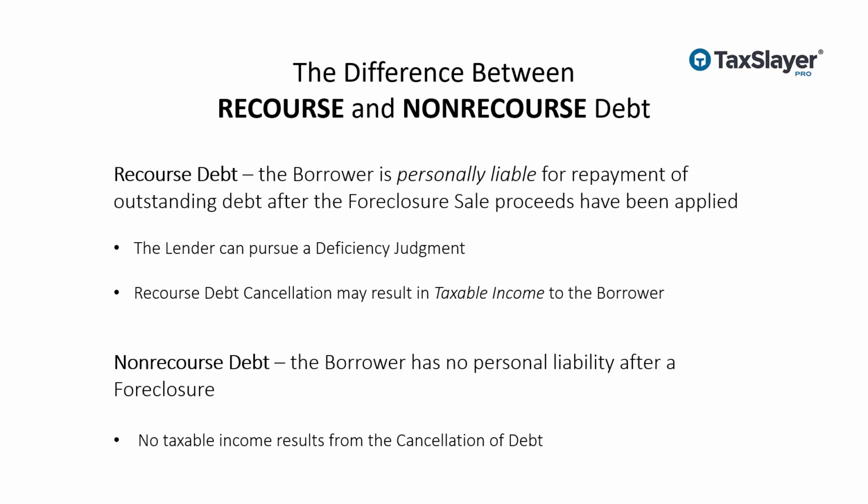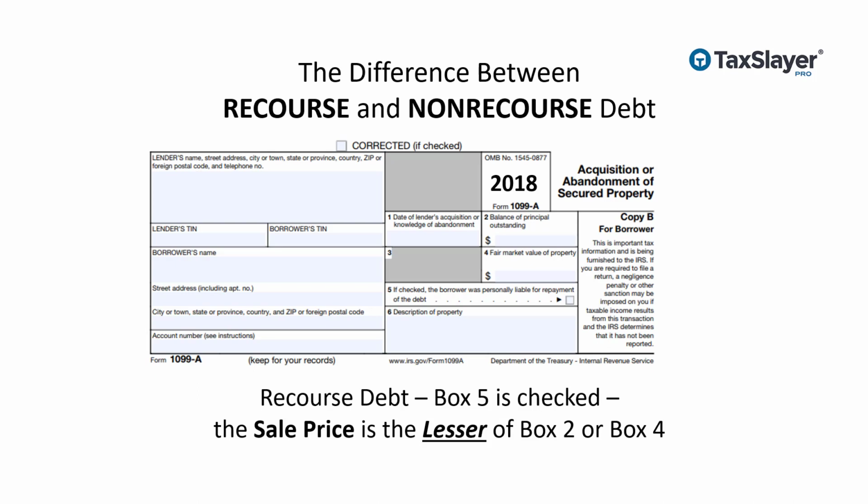Now, going back to our Form 1099-A, the difference between recourse and non-recourse debt. Recourse debt, box 5, is checked. The sale price indicated on this form is the lesser of box 2 or box 4. Again, this is if the recourse debt box is checked.